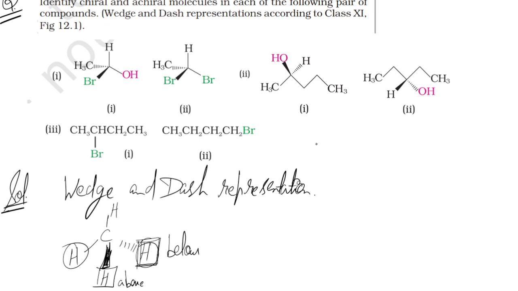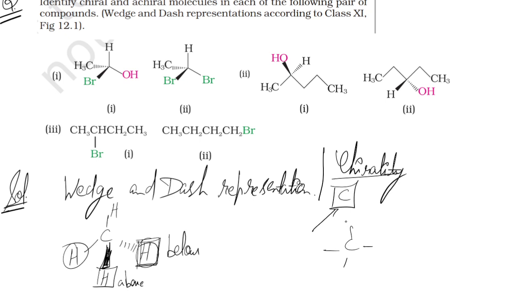But here the question is on the chirality of the compounds. Remember, what is a chiral carbon? A chiral carbon is a carbon whose four valencies are completed with four different groups.